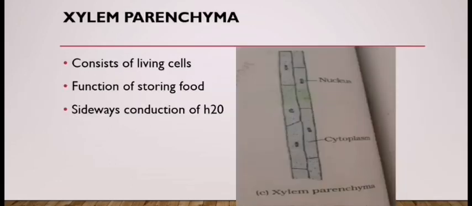Now xylem parenchyma. From the word parenchyma itself, we understand that it is a living cell. So xylem parenchyma is also a living cell. It helps in the storage of food and also the conduction of water, which we have already learned in the parenchyma tissue part.